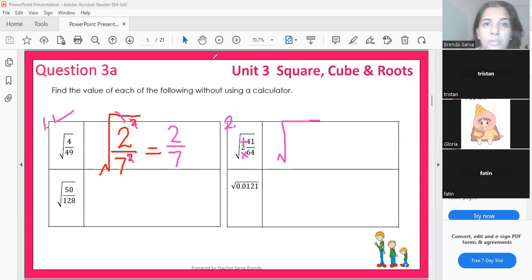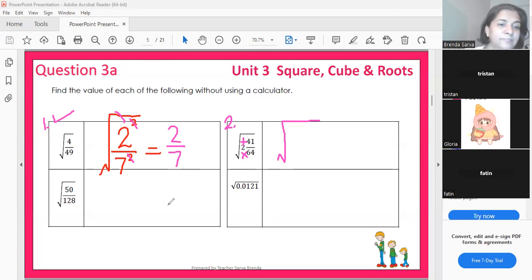Now you tell me what's the answer. What's the answer for 64 times 2 plus 41? Quickly. Cepat sedikit. 64 times 2 plus 41. What's your answer?